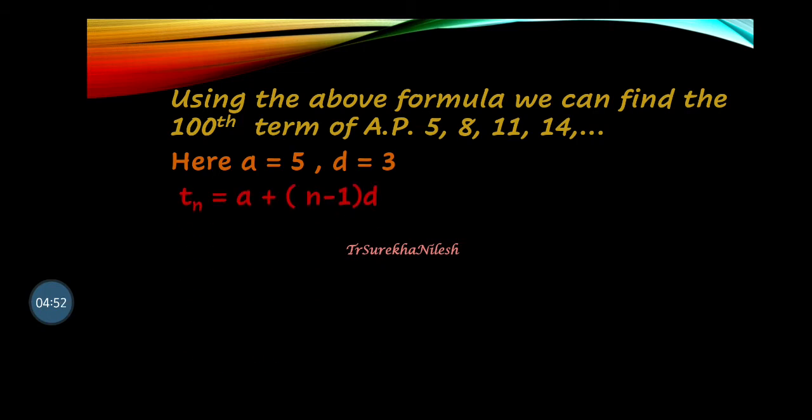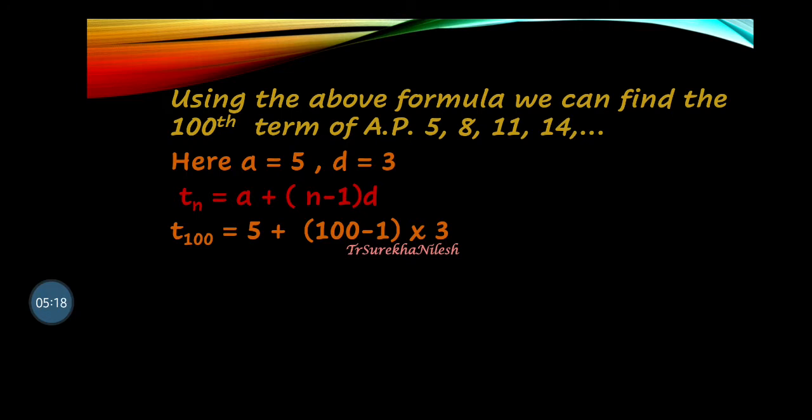Now we write our formula to find the nth term, Tn equals A plus n minus 1 times D. We substitute the values. Tn is T100, A is 5, n, the number of terms, is 100, so 100 minus 1 into D, the difference.